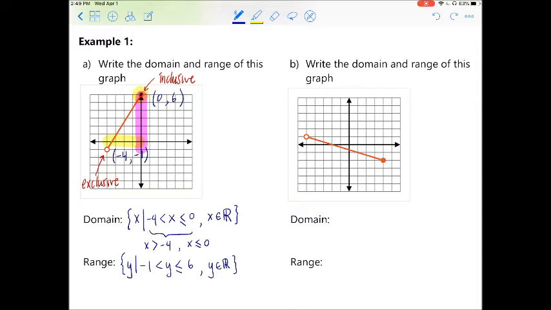So for part B, we just need to follow the exact same step for this. We know this is an exclusive point and this is an inclusive point. The coordinate of this exclusive point is -5 and 1, whereas this one, the inclusive point, is 4 and -2.